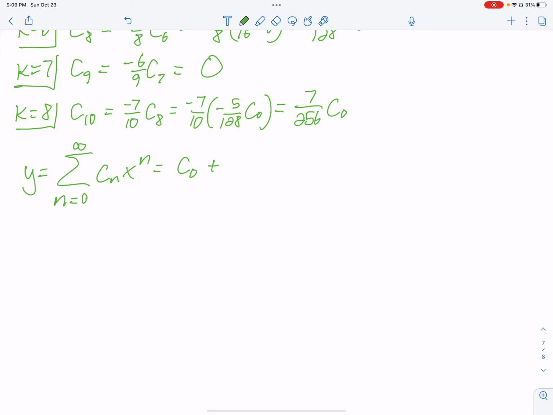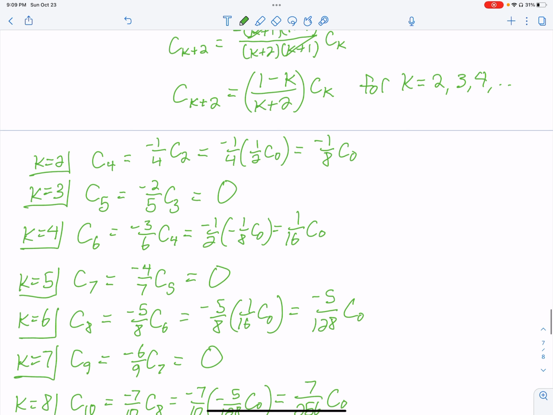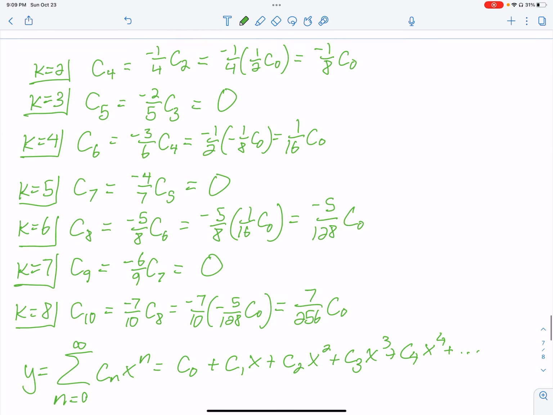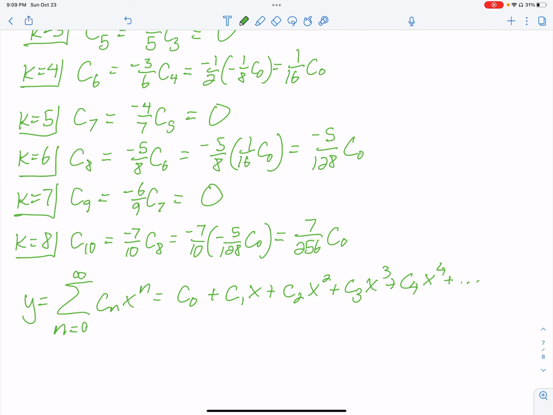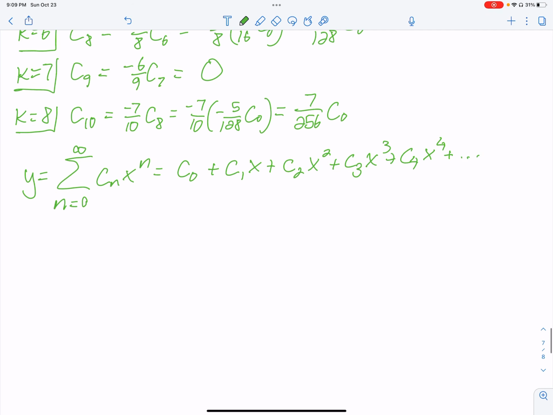This is C0 plus C1x plus C2x squared plus C3x to the third plus C4x to the fourth plus dot dot dot. And notice the C's go with the exponents, so I'm only going to have the even exponents. I'm not going to have the odd ones. The odd ones aren't there. The only one that's going to be there is that C1.